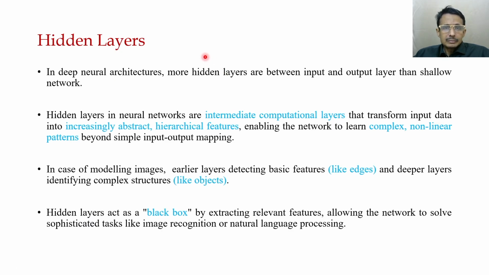First of all, we have to understand what we mean by hidden layers, what they actually do, and why more and more hidden layers in general increase the expressive power, making the model more accurate.